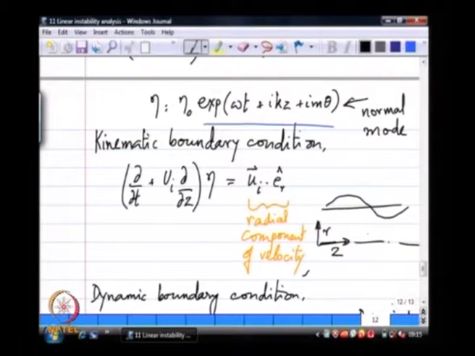This is our jet that is moving with a linear velocity u2 and the outside fluid is moving with a velocity u1. Eta is a function of z, theta and time, coming from the normal mode.